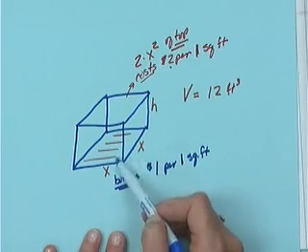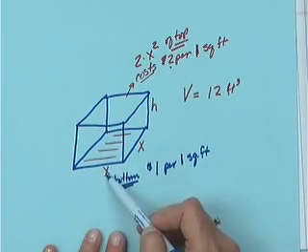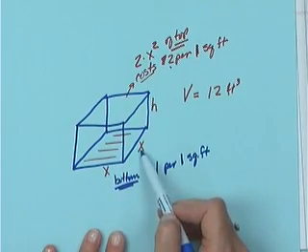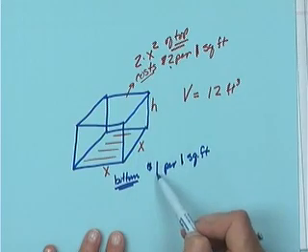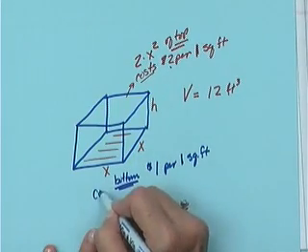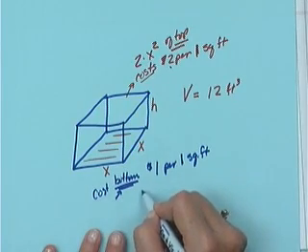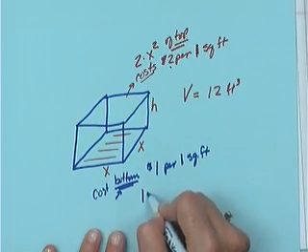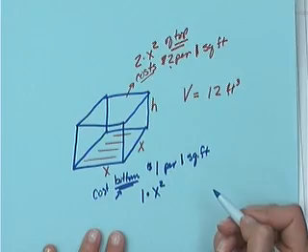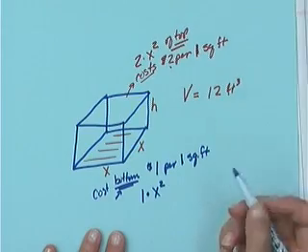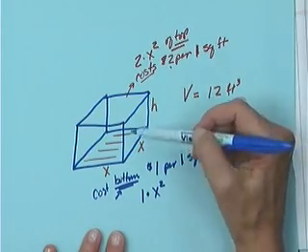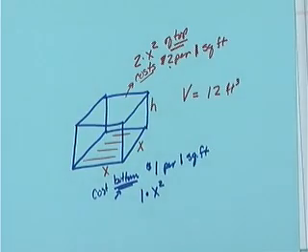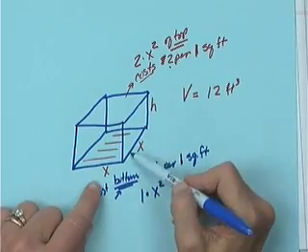How many square feet do I have in the bottom of mine? x squared square feet, and it's $1 per square foot. So the cost of the bottom for me is going to be 1 times x squared. Does that make sense?